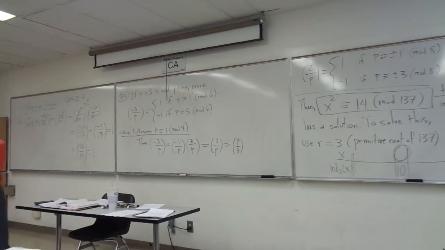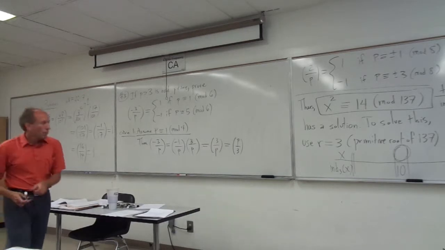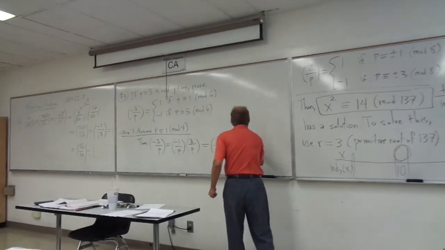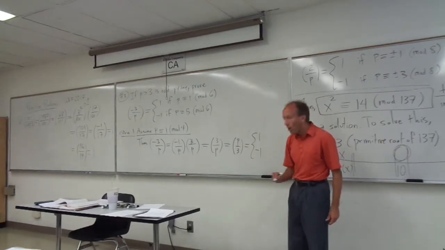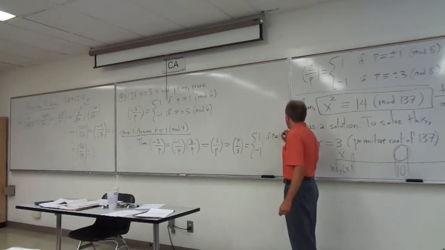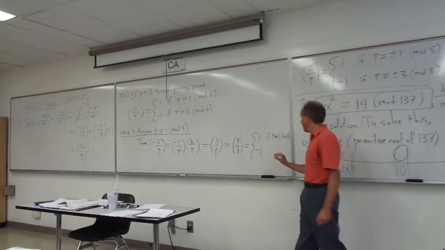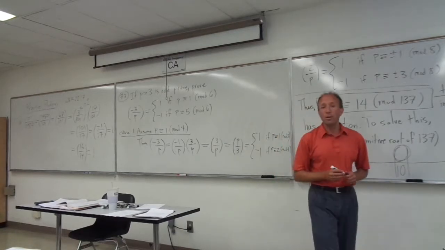So the only perfect square is 1, basically. So would you guys agree with me that this is either 1 or -1. Would you agree with me that it's 1 if p is congruent to 1 mod 3? And it's equal to -1 if p is congruent to 2 mod 3? Those are the only choices. p is either congruent to 1 or it's congruent to 2.